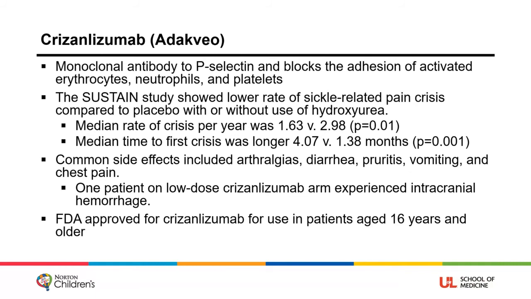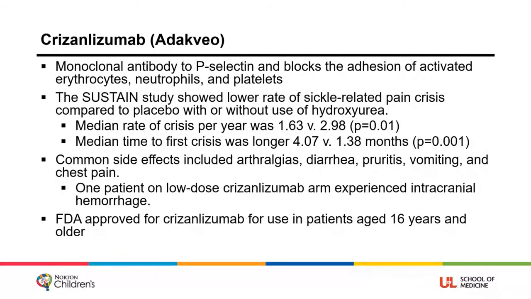The more common side effects, occurring in greater than 10% of the patients, included arthralgias, diarrhea, pruritus, vomiting, and chest pain. There was a reported case of a patient that experienced intracranial hemorrhage, but he did not die from that.